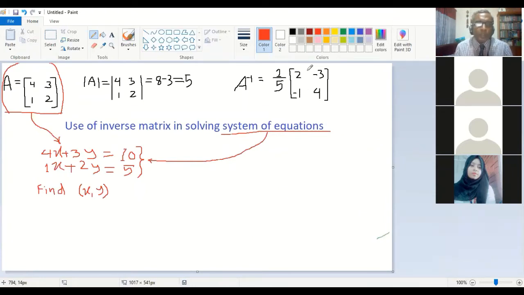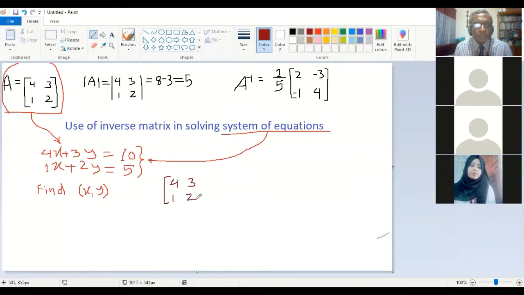Now let me write this in matrix form, the system of equations in matrix form. I can write one matrix A, which is [4 3; 1 2].